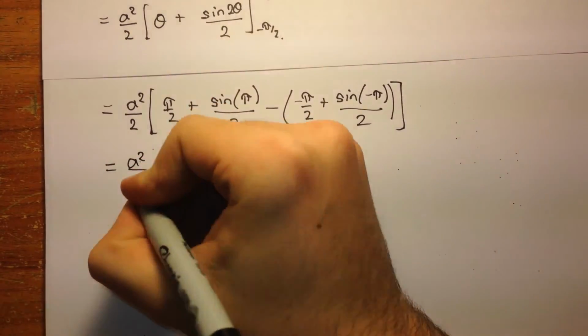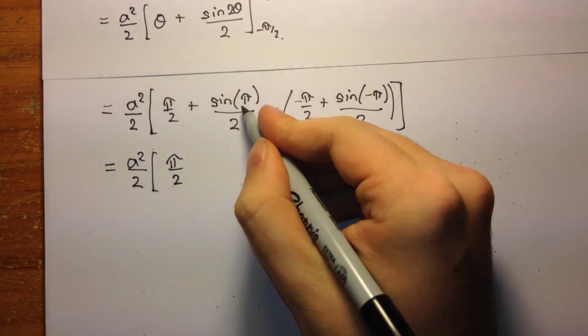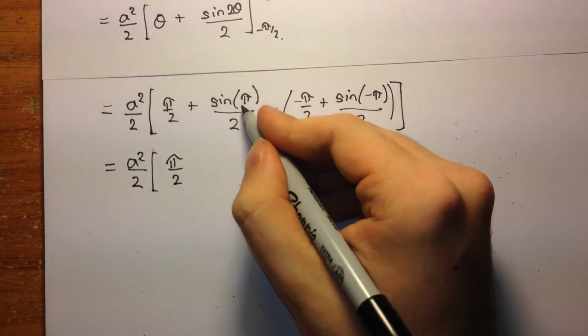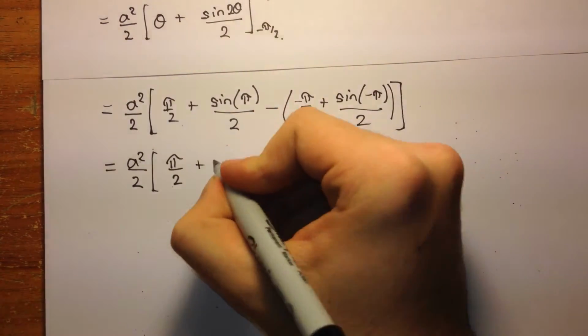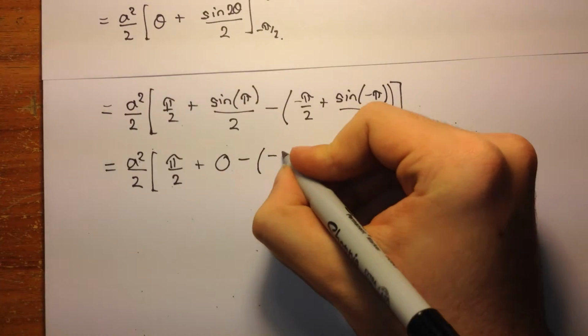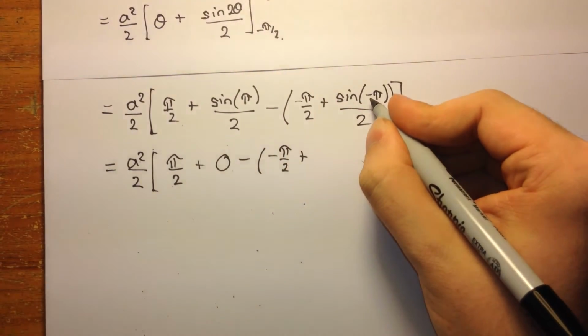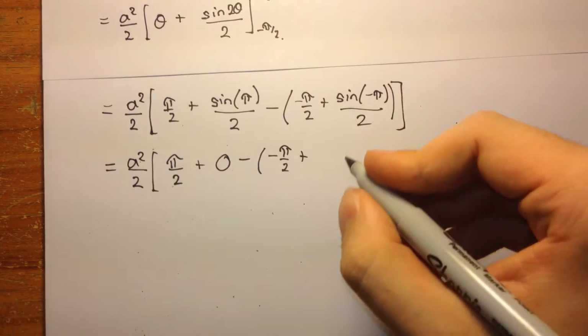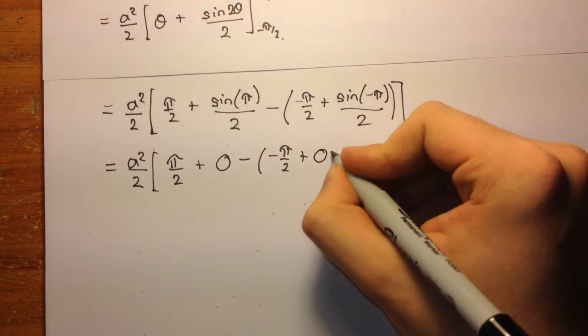Okay, now we can simplify this down. Now sine of pi is 0. In fact, sine of any integer multiple of pi is 0. So this is a 0 here. We have minus, open brackets, minus pi on 2, plus this is an integer multiple of pi, so sine of the integer multiple of pi is 0 as well. So we get 0 here as well.